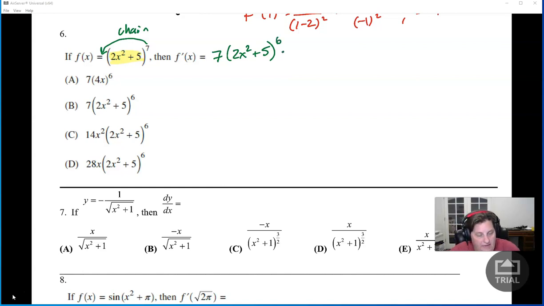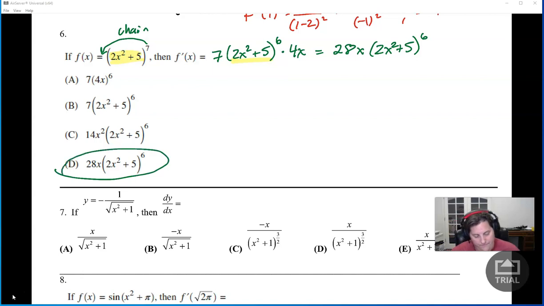And then we're going to multiply by the derivative of the inside, which is 4x. I can then combine the 7 and the 4x to make it 28x times (2x squared plus 5) to the 6th. So that's going to be a chain rule.